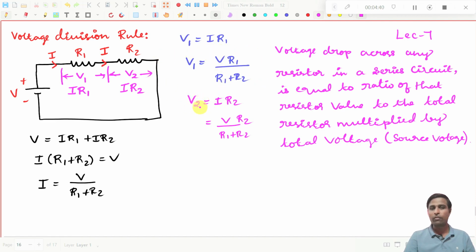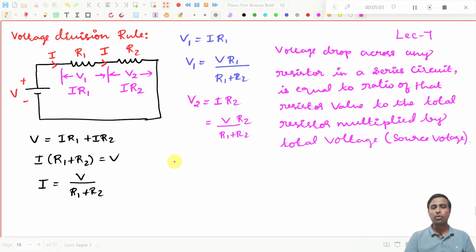As well, for V2, V2 will be equal to R2 divided by R1 plus R2 into V, right? So if you want to find the voltage drop across this resistor, then it is the ratio of that resistor, R2, divided by the total resistance R1 plus R2, into the total voltage. That's all.